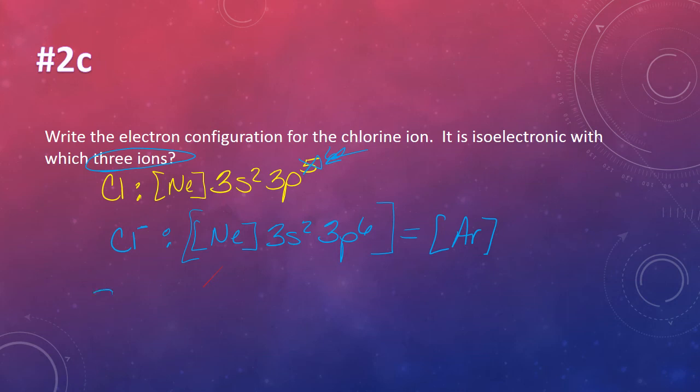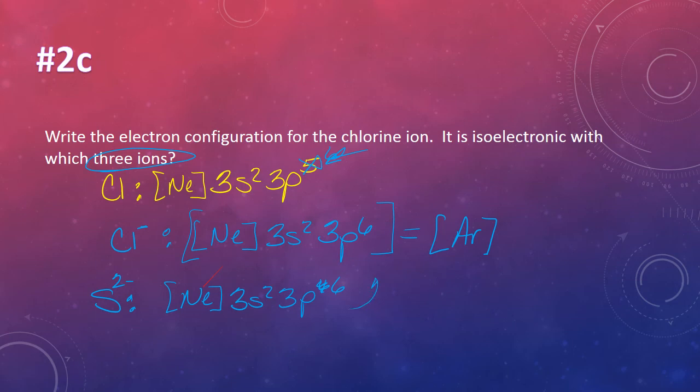Well, sulfur certainly would. Sulfur has an electron configuration of neon, and then 3s2, 3p4. What's the charge on the sulfur ion? Well, it's 2 negative. We had to add 2 electrons there. Oh, look, it's the same thing as argon.